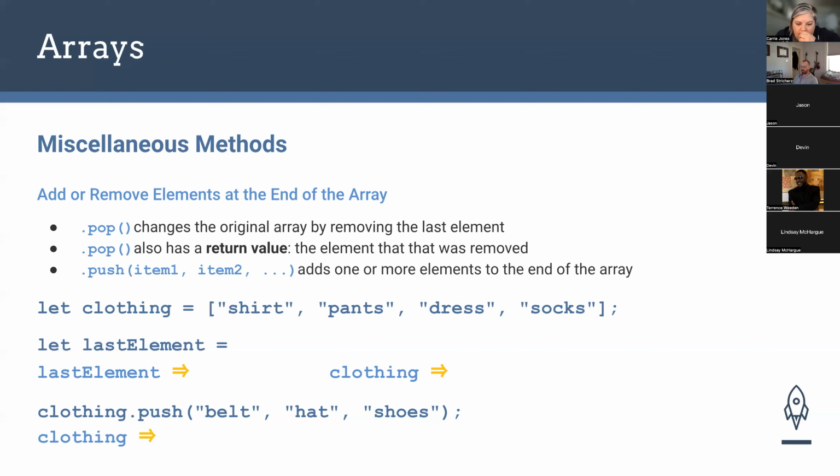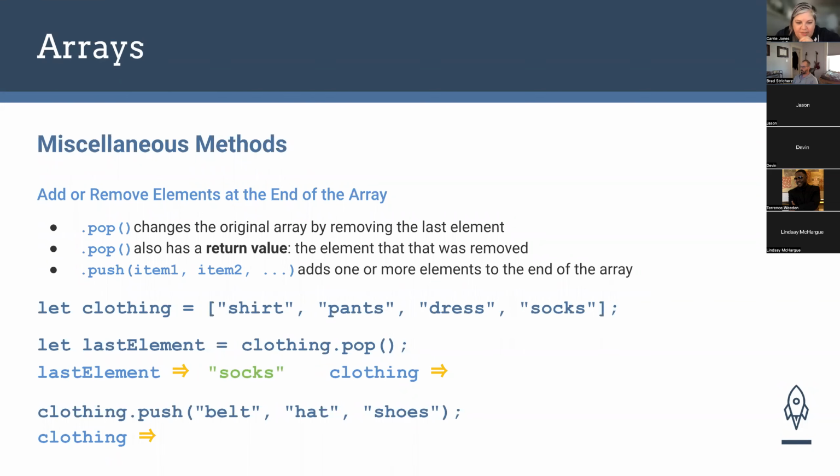Let lastElement equal clothing.pop. Yep, clothing.pop. And because I stored it in a variable, if I go and console log lastElement now, what should I see? Socks. Yep.